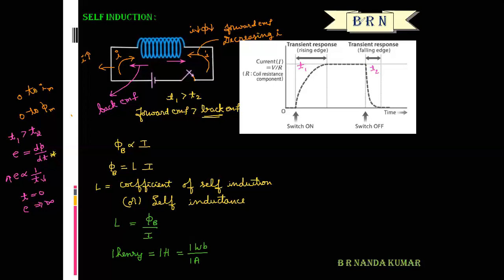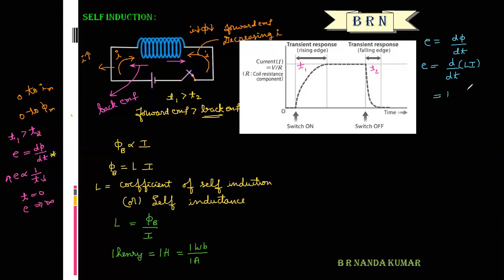According to Faraday's second law of electromagnetic induction, E is equal to d phi by dt. This is the magnitude of the induced EMF. So E is equal to d by dt of phi, and phi is Li. L is constant, so it stays outside.